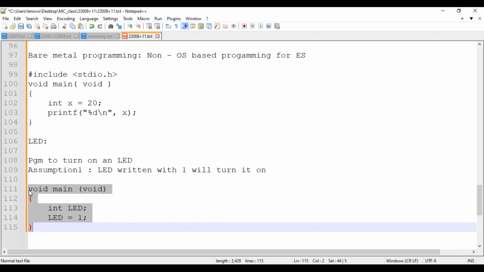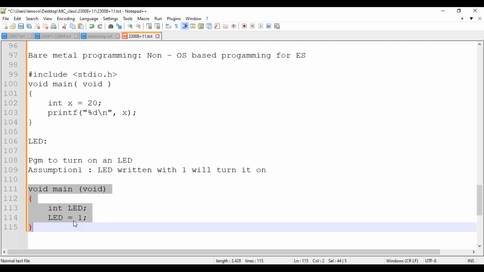If I execute this program on my microcontroller, do you think one LED on my microcontroller will be turned on? No. Why? Because LED here is just an integer variable.